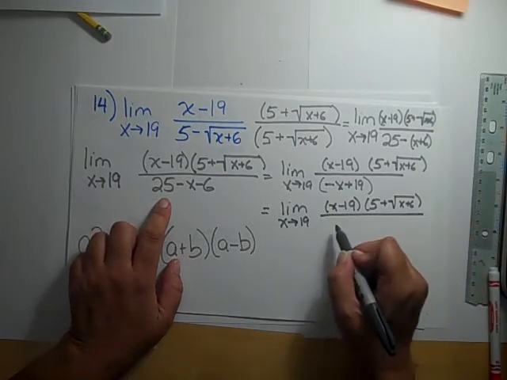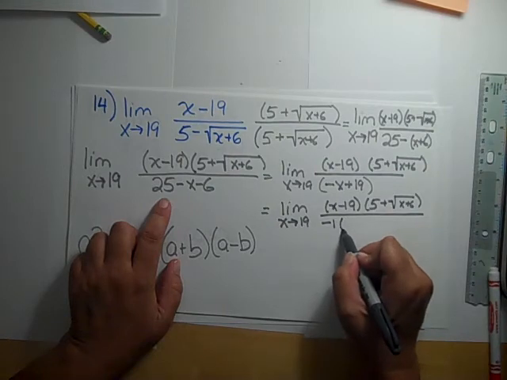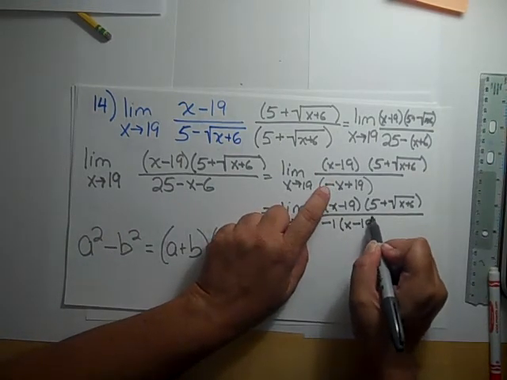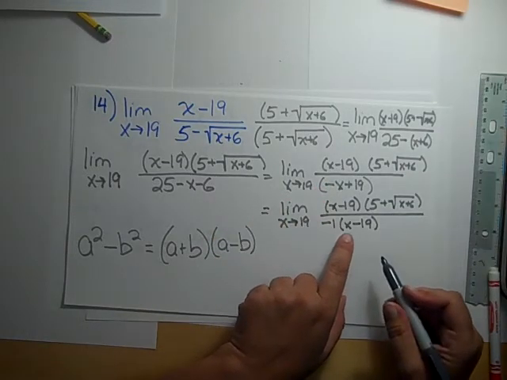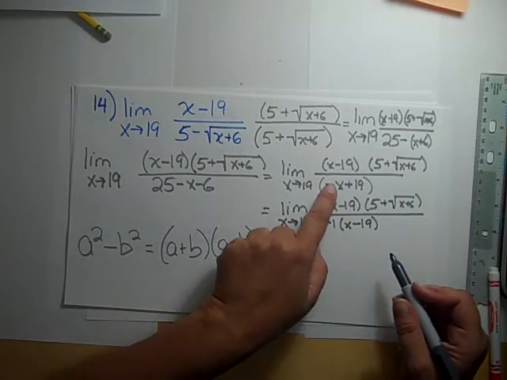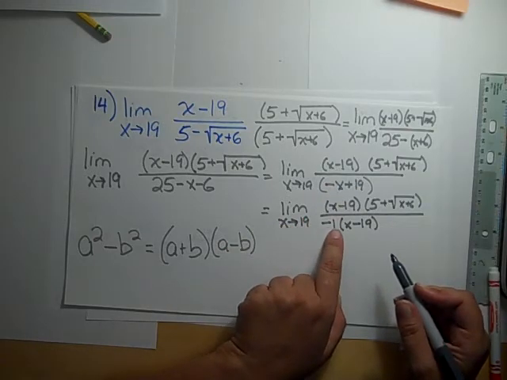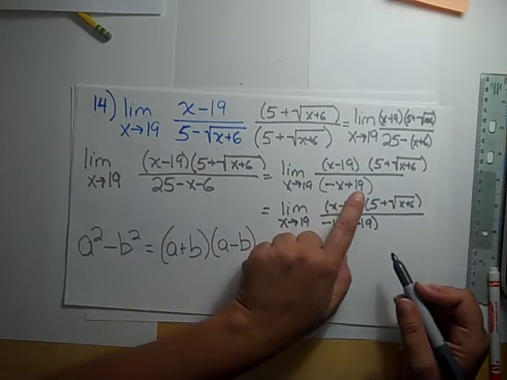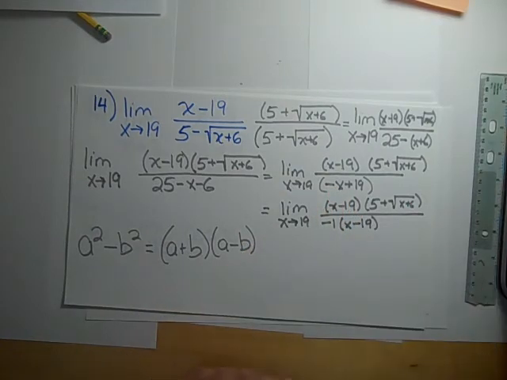And in the denominator, let's factor out a negative 1. That makes this a positive x, and that a negative 19. You see what I mean? If I distribute this negative 1, I'll get this again. So that's completely legal. Okay? Negative 1 times x minus 19 is exactly the same as negative x plus 19. So now we're ready to cancel.